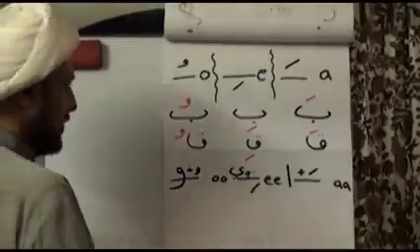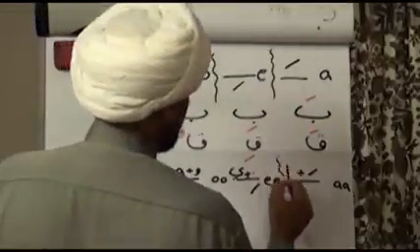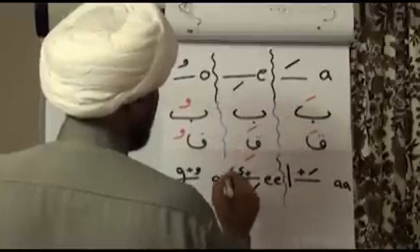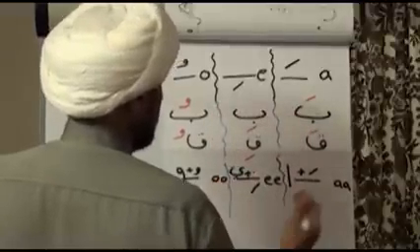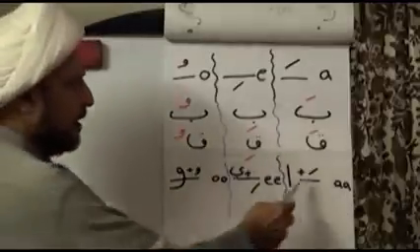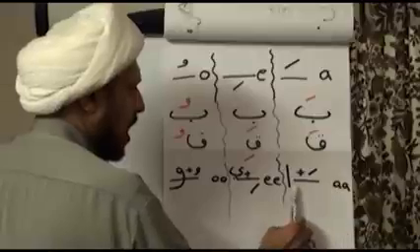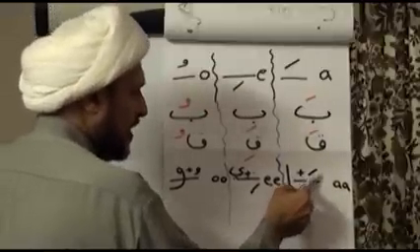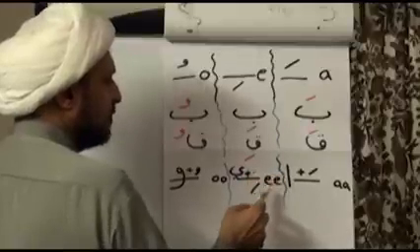So here again, let me draw a barrier so that you don't get mixed up into these three things, because my chart is a little bit short. So again, look at it here. Fatha plus alif, aa. That means the letter has a fatha, and after it immediately there's alif.